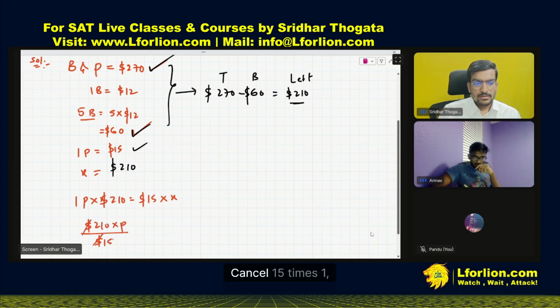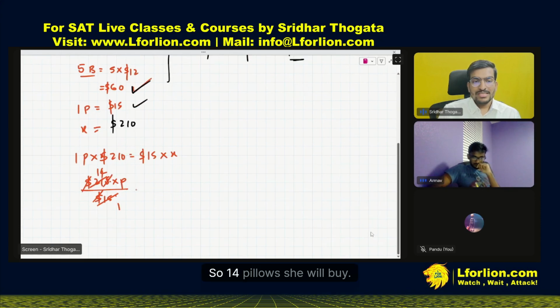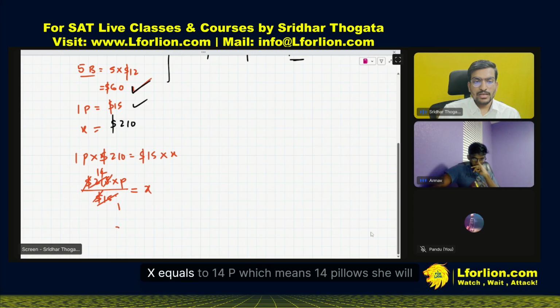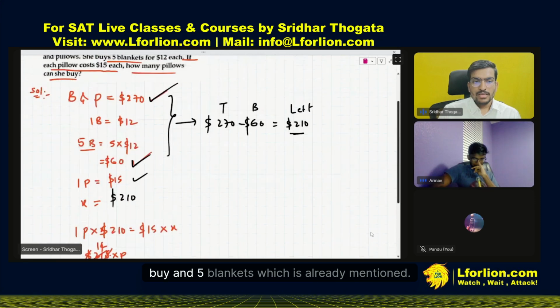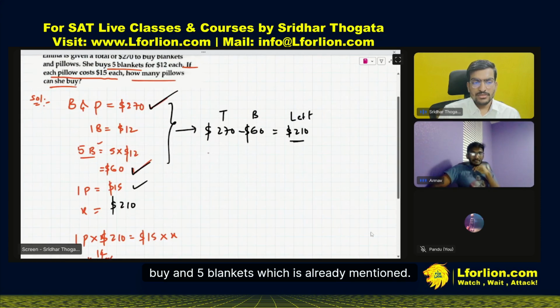Dollar cancels. 15 times 1, 6 is remaining, it goes to 0, 60. 15 times 4 is 60. So see, 14 pillows she will buy. X equals 14 pillows, and 5 blankets, which is already mentioned.